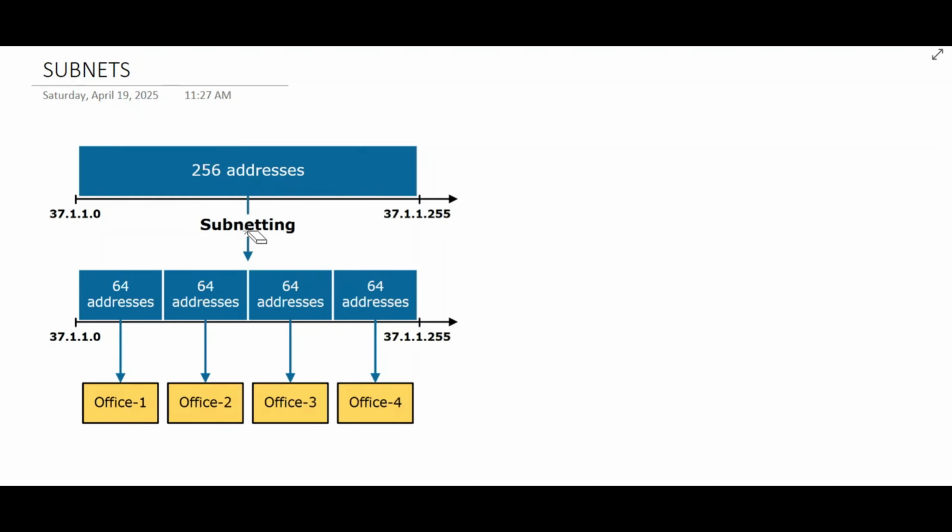So you can divide it into four. You can create 4 subnets, and those 4 subnets each contain a network of IP addresses. You see that each office is assigned 64 IP addresses. So each office will have an equivalent number of IP addresses, therefore making that network efficient.